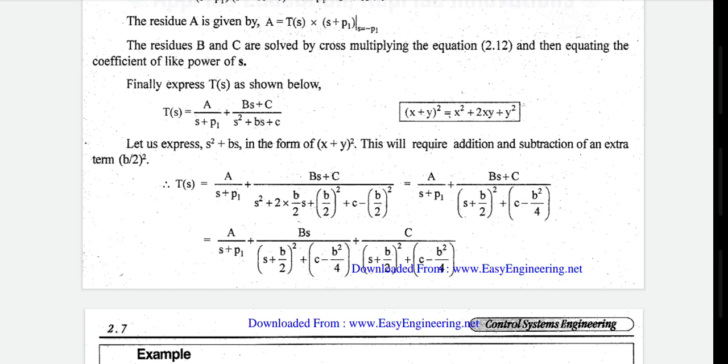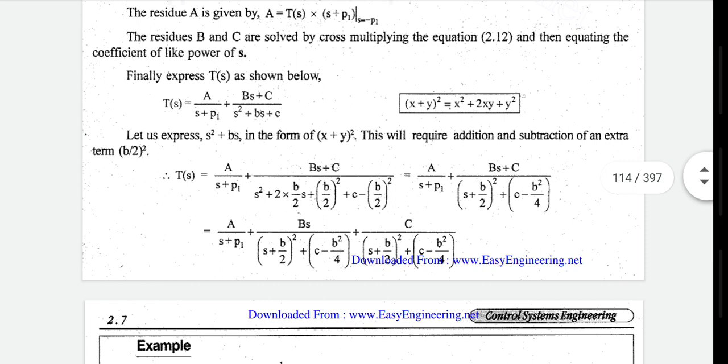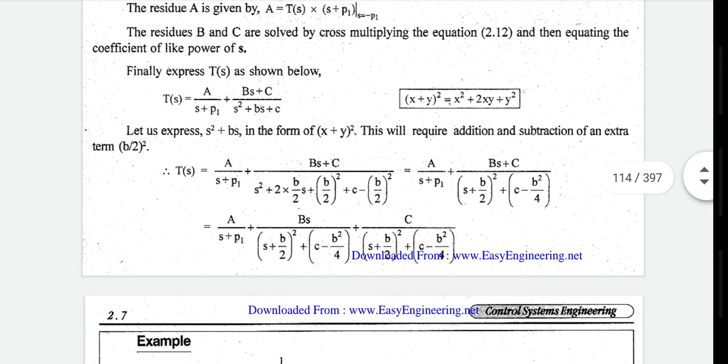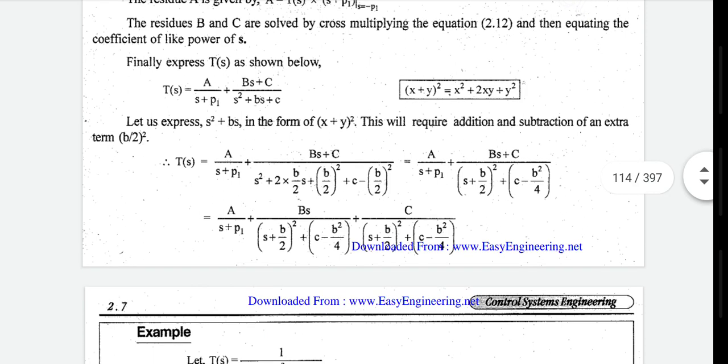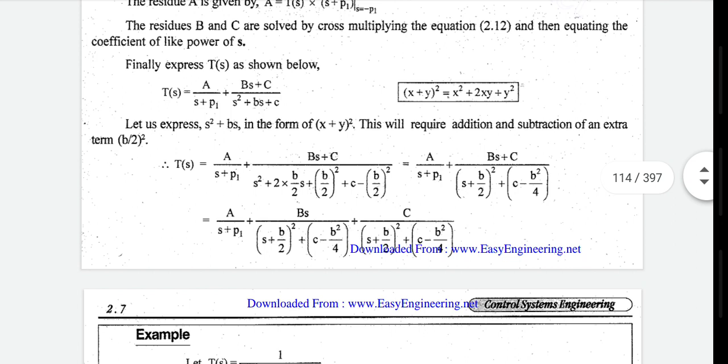So how you are writing x plus y whole square? X square plus 2xy plus y square. So if you are writing that in the equation, s square plus bs plus c in the form of x plus y whole square, what should be the addition and what should be the subtraction here in the denominator? So s square plus 2xy రావాలమ్మా.